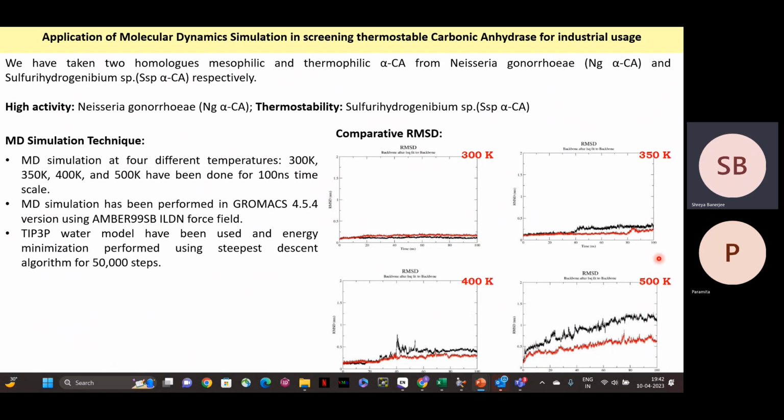As we learned, RMSD is the deviation of the conformation from the initial structure. So as the temperature is increasing, the final structure is unfolding from the initial structure in the case of the Ng species, which is mesophilic and has less thermostability. And for the higher thermostability species, the final structure is comparatively closer to the initial structure, and it is more thermostable.